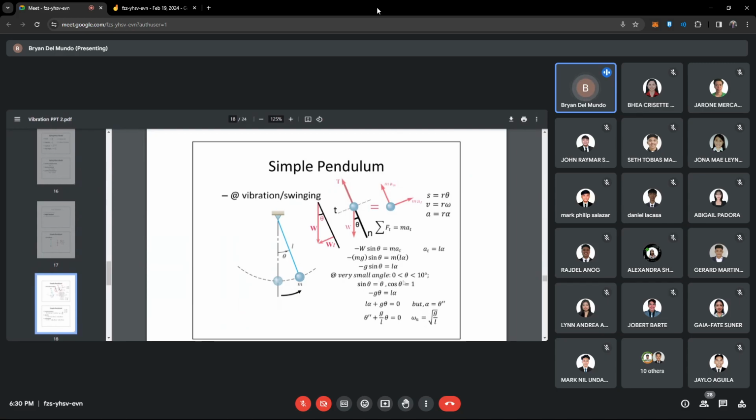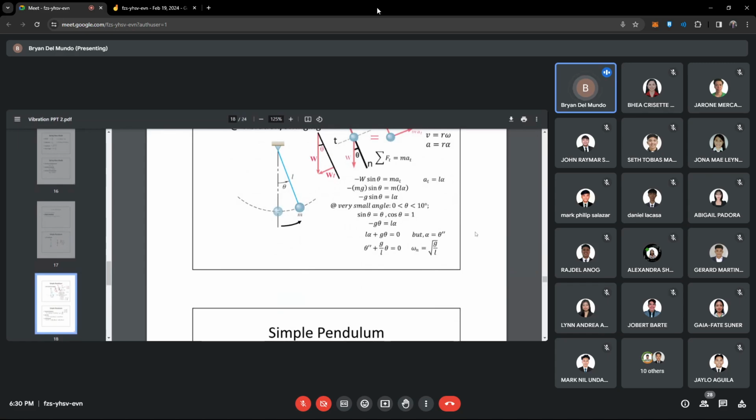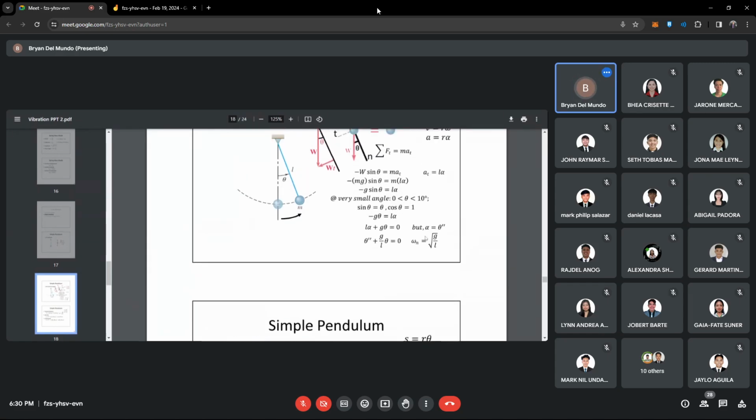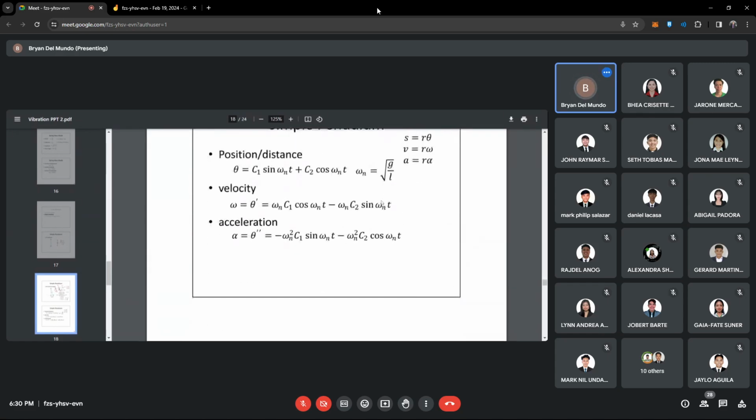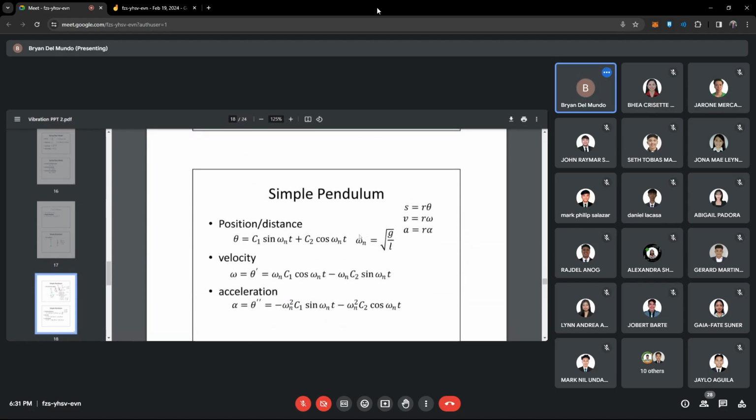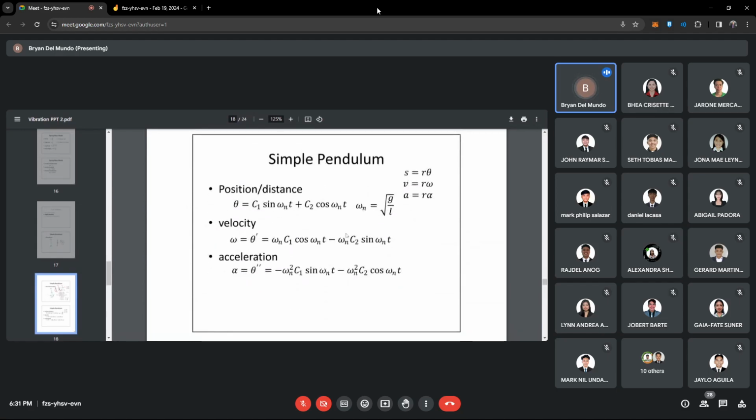So to summarize this one, we can get the formula of our omega n is equal to square root of g over L. So it is also the same with our formulas dun sa ating spring mass model.